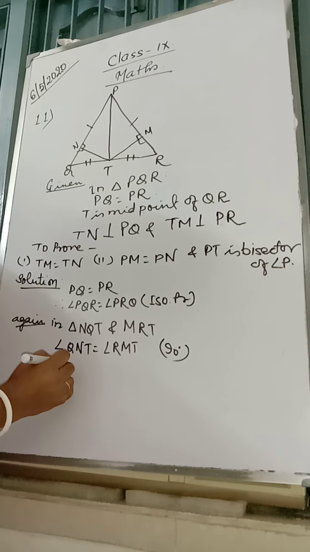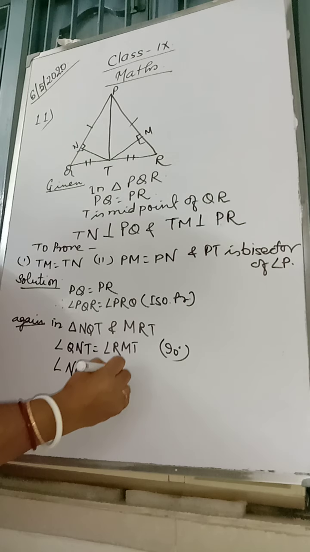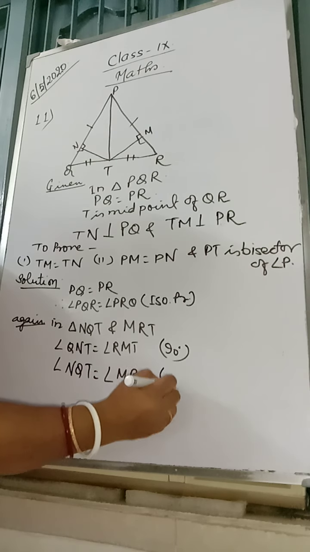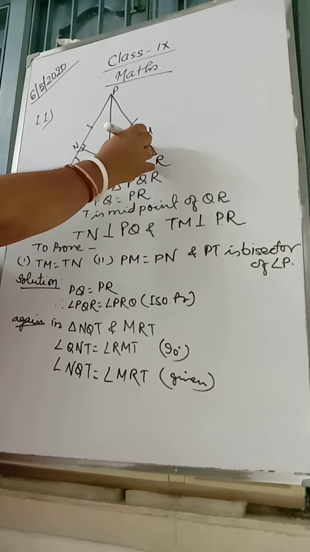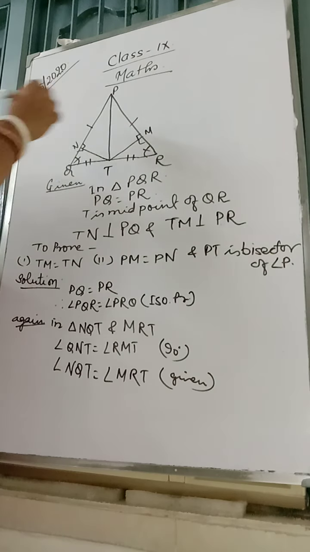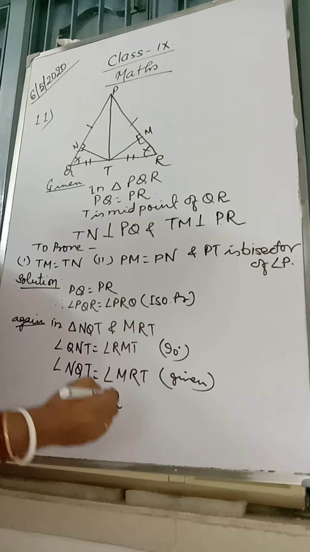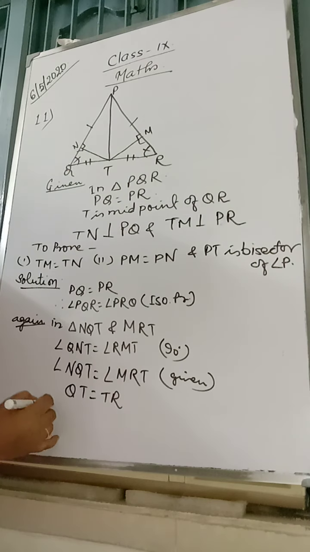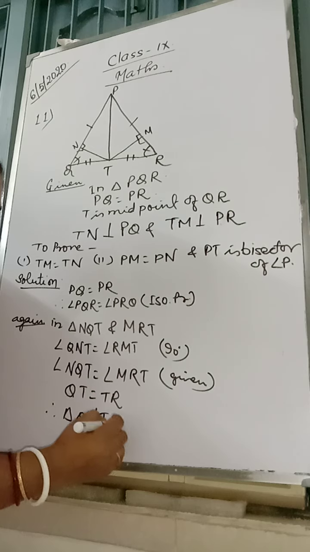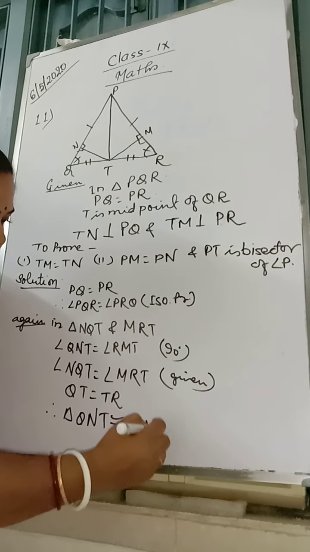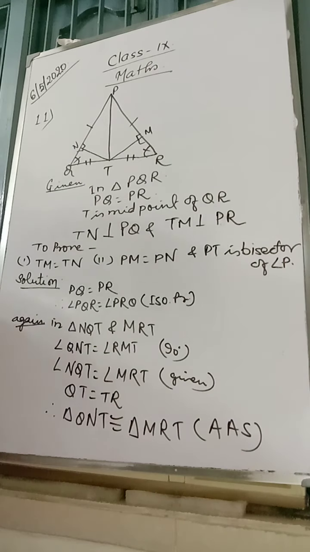Angle NQT is equal to angle MRT, given as they are the base angles of this isosceles triangle PQR, and QT is equal to TR. This side is equal to this side. So triangle QNT is congruent to triangle MRT according to the AAS condition.